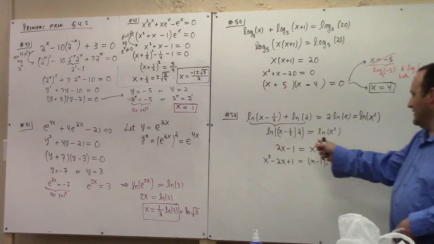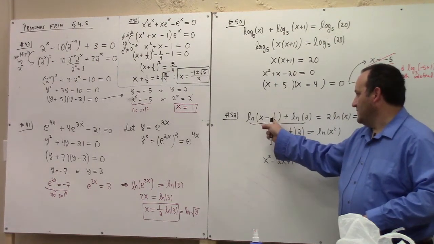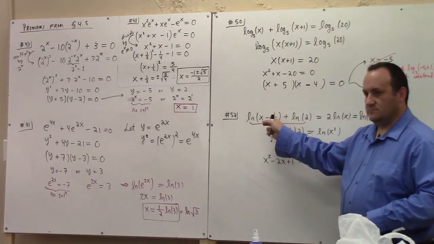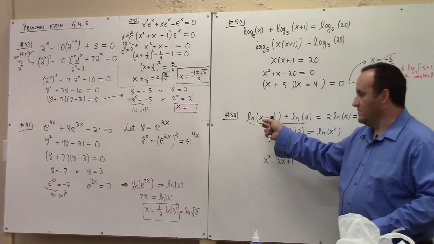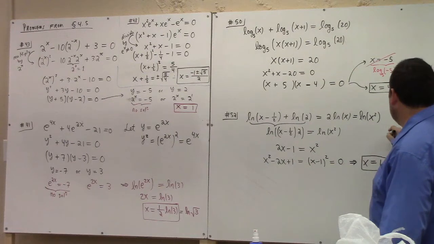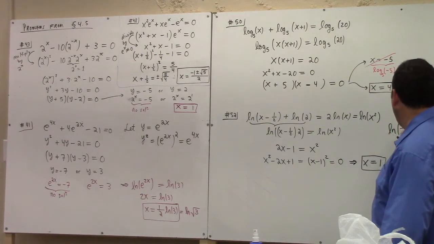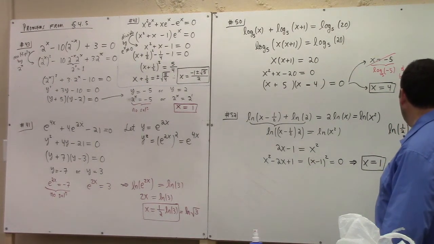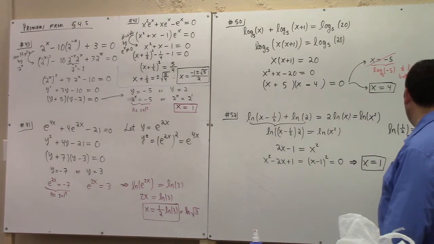If I plug 1 back in, I get 1 minus 1/2, which is 1/2, right? What's the log of 1/2? That's the log of 2 to the minus 1, right? That's minus the natural log of 2.